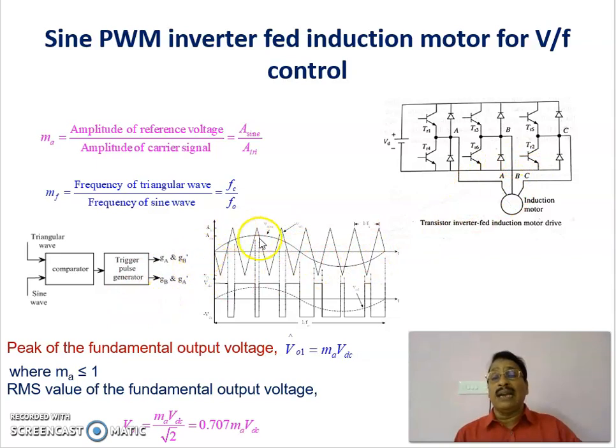By changing the magnitude of the modulating signal, you can vary the magnitude of the output voltage. Thus, you can vary both voltage and frequency of the inverter output applied to the stator of the induction motor. This is the way a sine PWM can generate a variable output voltage with a variable frequency by changing MA and MF.